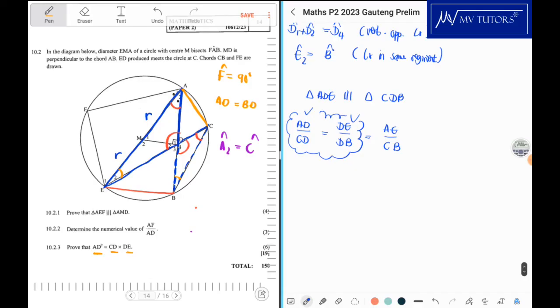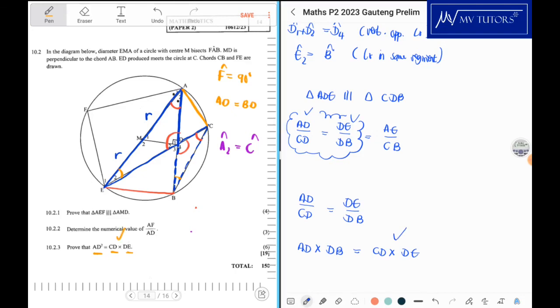So then I can say AD over CD is equal to DE over DB. All right, and I am going to cross multiply. So AD times DB is equal to CD times DE. So I have this portion, all right?